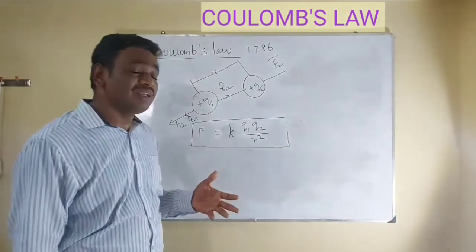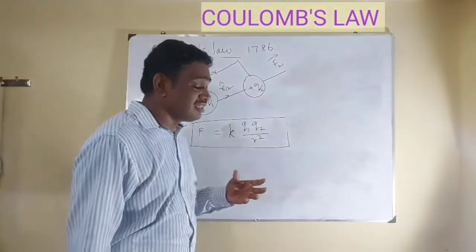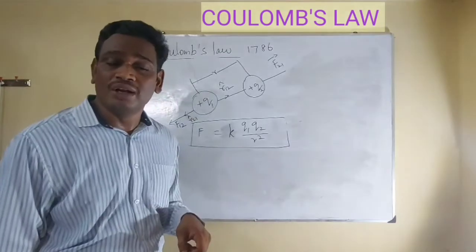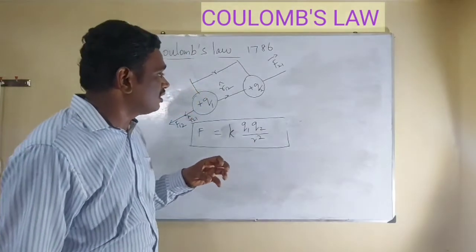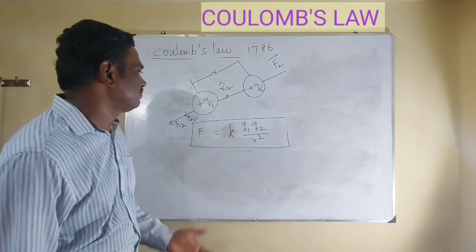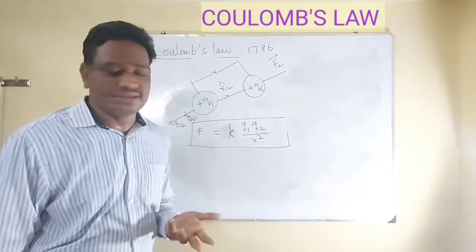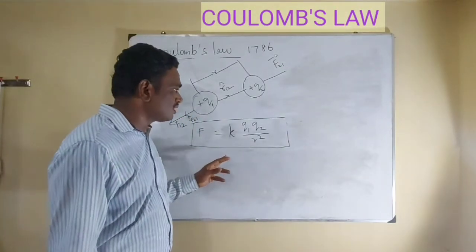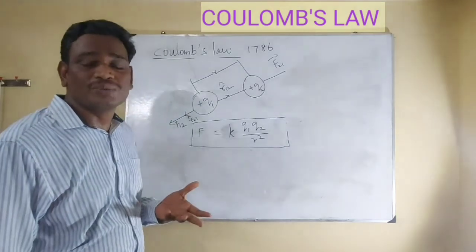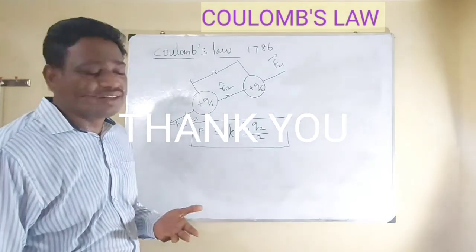Similarly, here also we can consider the charge on the object. If the size of the object is very small, then we can consider that object as a point charge. So Coulomb's law is valid only for point charges. Coulomb discovered his law by considering the objects as point charges. You can also see it on the screen.